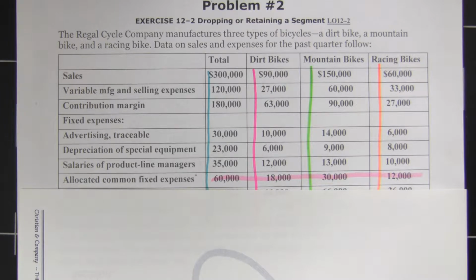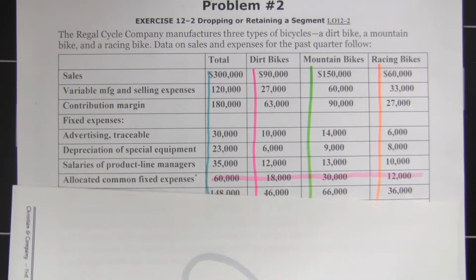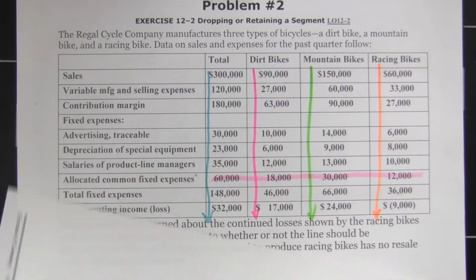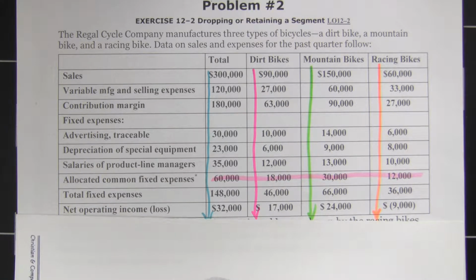We're saying we have $60,000 worth of common fixed expenses, and we're going to allocate them to the dirt bike division, the mountain bike division, and the racing bike division. And when we do that, that racing bike division is losing $9,000. We think we should give up the racing bike division.